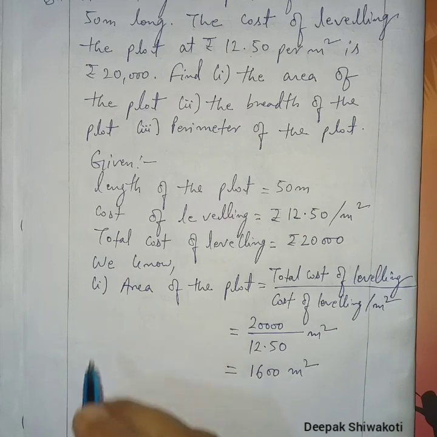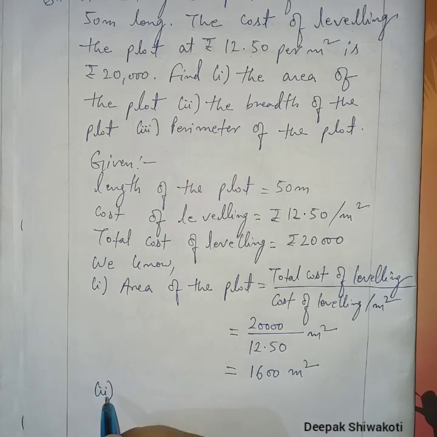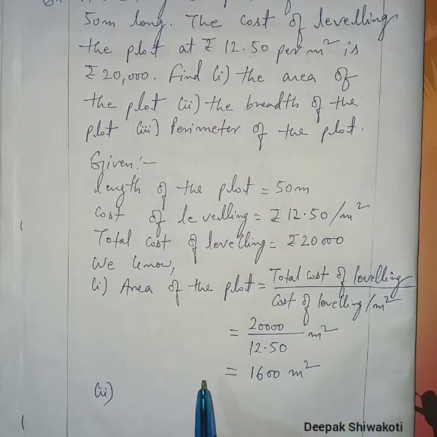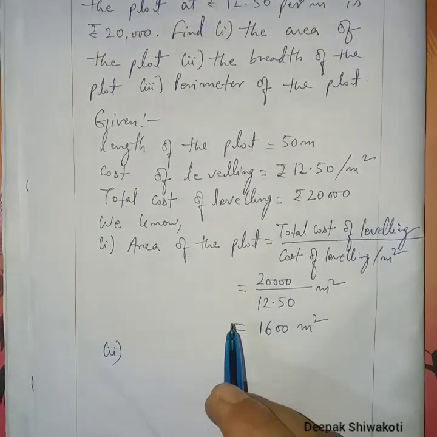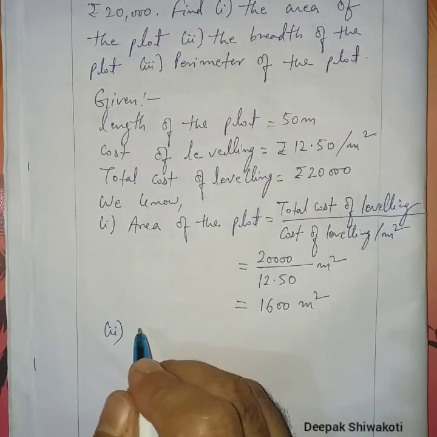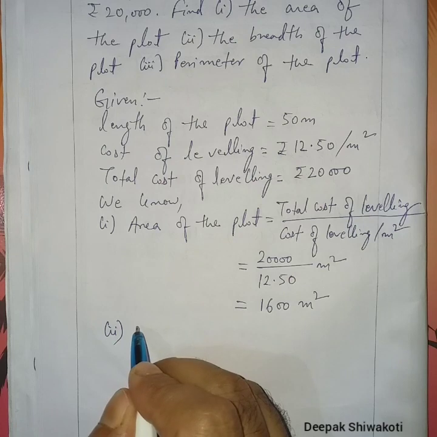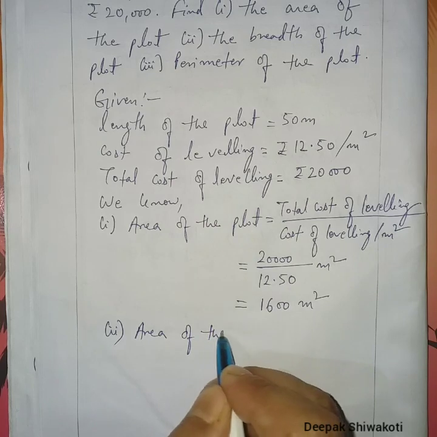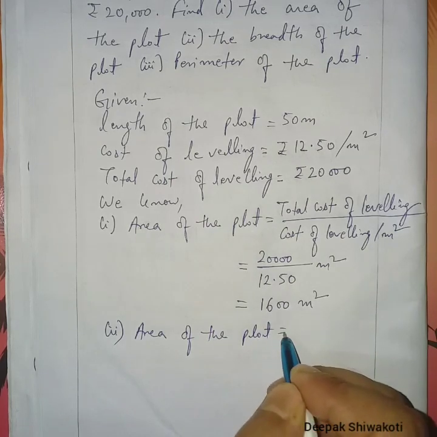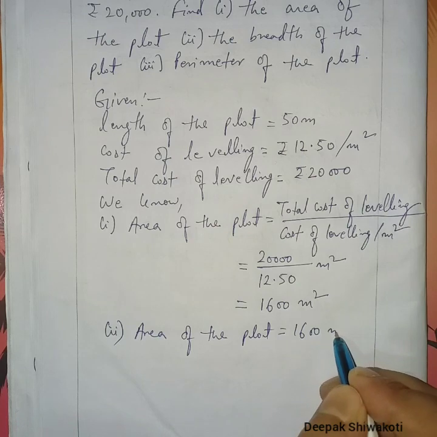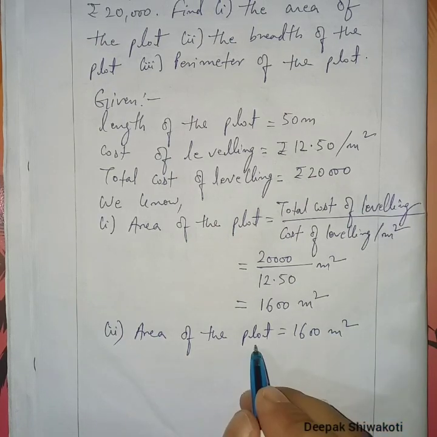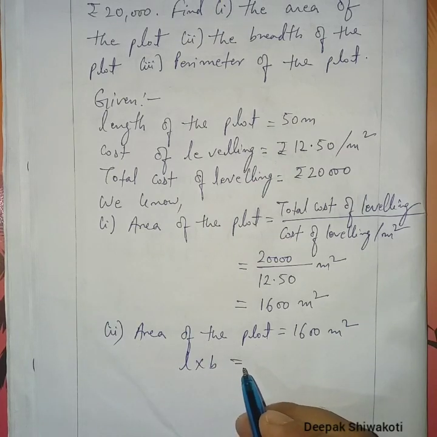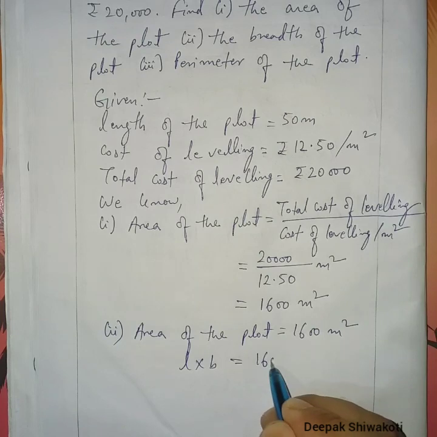This is number 1. Now number 2, we have to find the breadth of the plot. First, let us take it as area of the plot is equal to 1600 meter square, and the formula of area of rectangle is length into breadth. Length into breadth is equal to 1600.